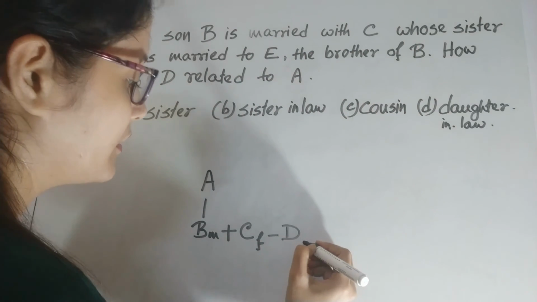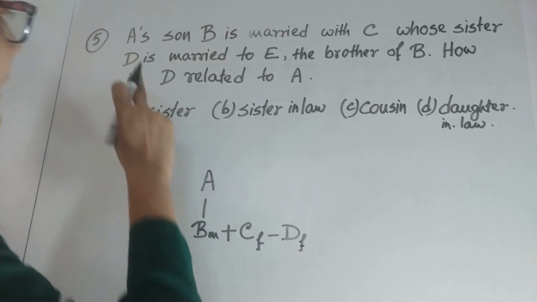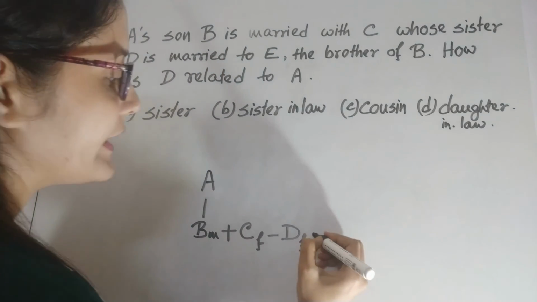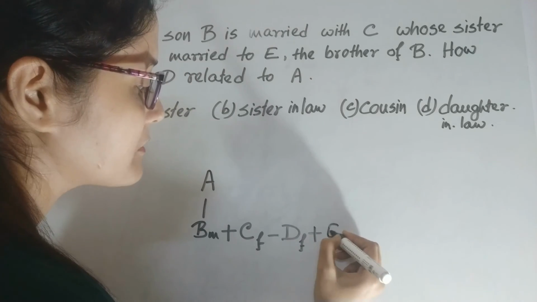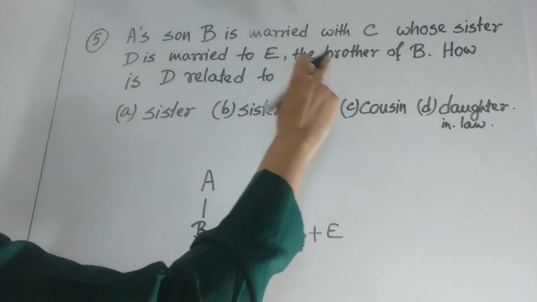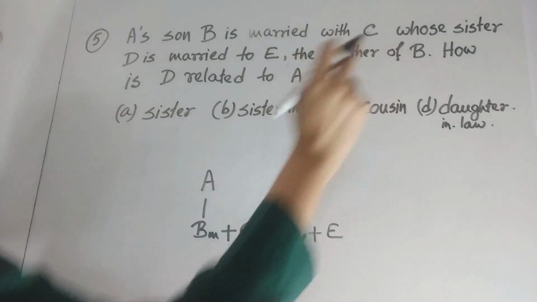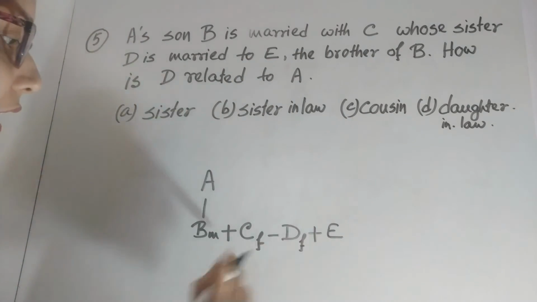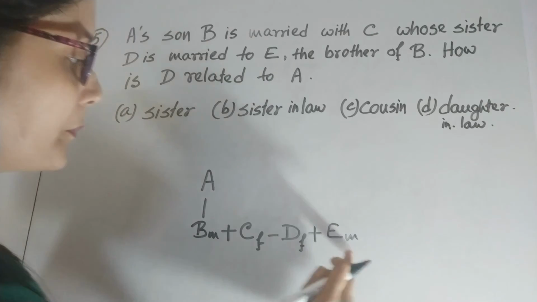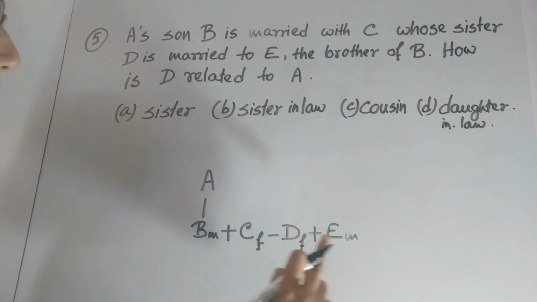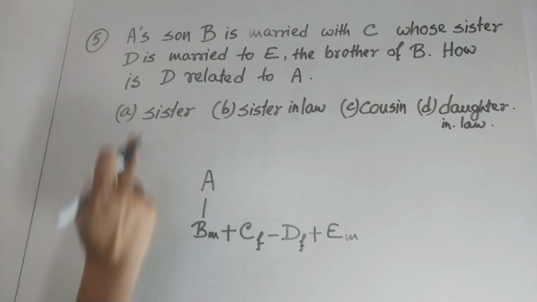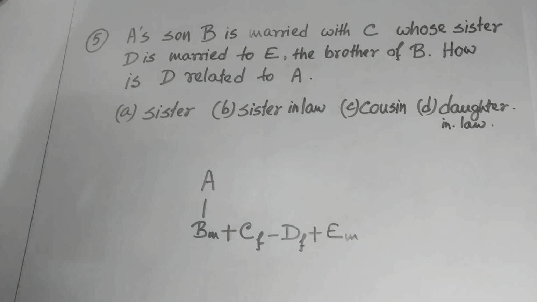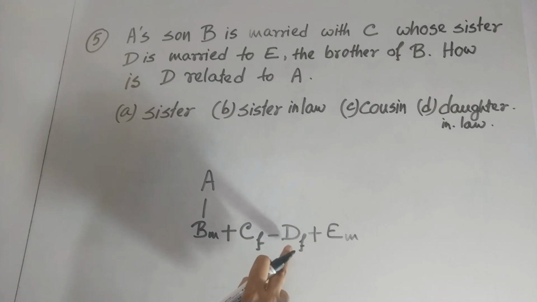D is a female member, is married to E, the brother of B. E is the brother of B. So E is a male member and E and B are brothers.